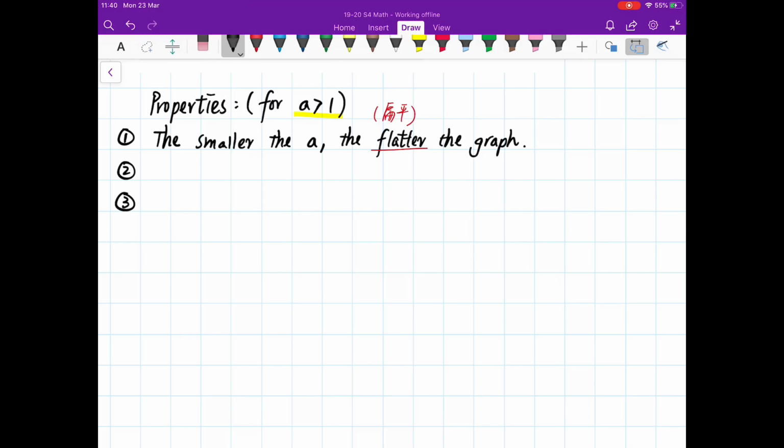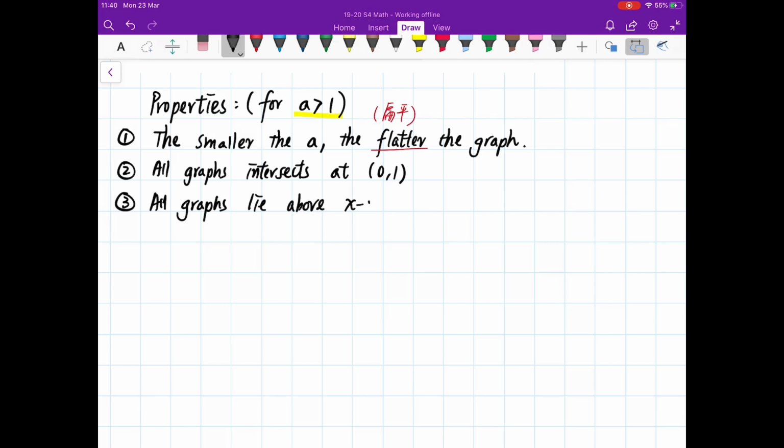For the second property, all graphs intersect. That means they must pass through the point (0, 1). And finally, for the exponential function, all the graphs must be above the x-axis. So all graphs lie above the x-axis.